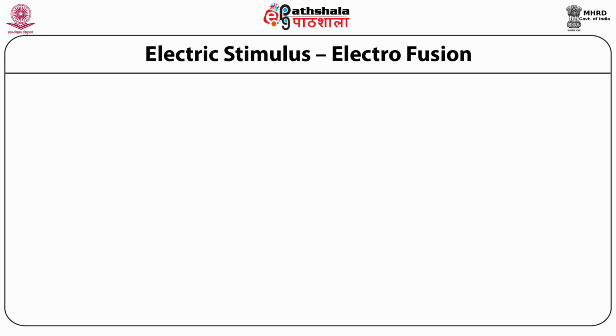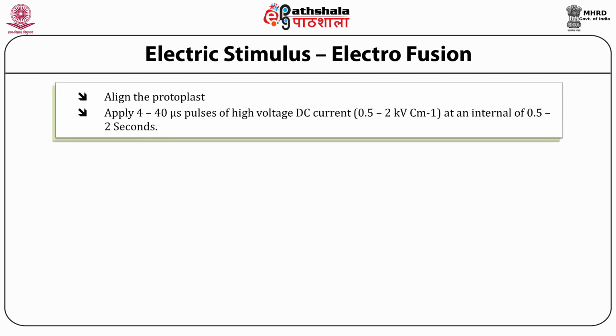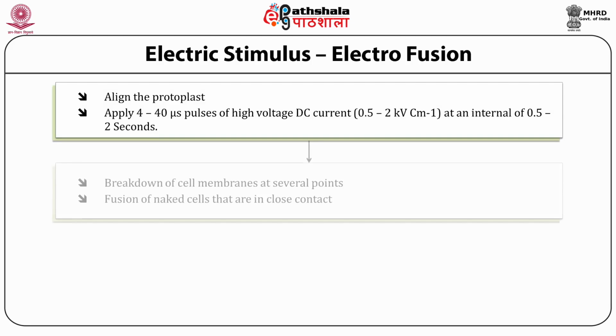The method involves aligning the protoplasts and applying one or more pulses of high voltage DC current at an interval of half to 2 seconds. It results in the breakdown of the cell membrane of the protoplasts at several places, especially those which are in close contact, resulting in fusion of cell membranes.